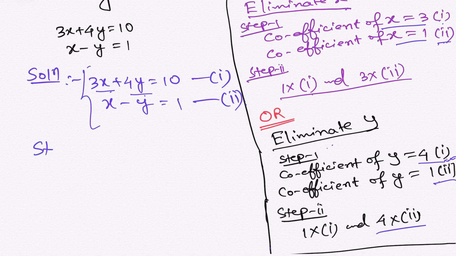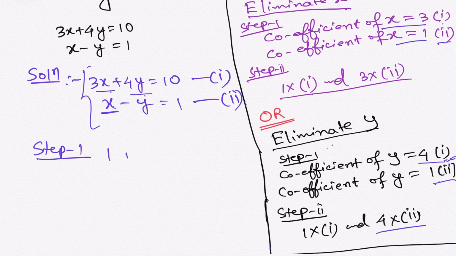From the elimination method, we know that the first step is to eliminate any one of the variables. So now we eliminate x from both equations. First, the coefficient of x from equation 2 is 1.